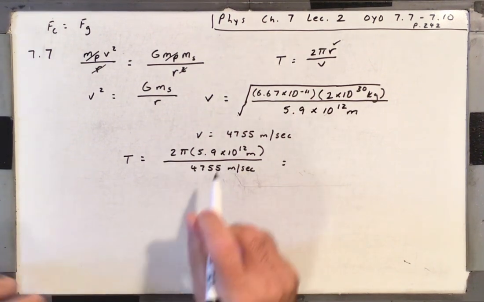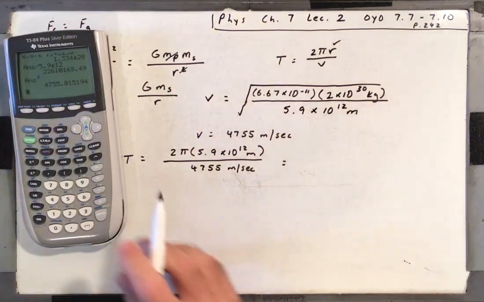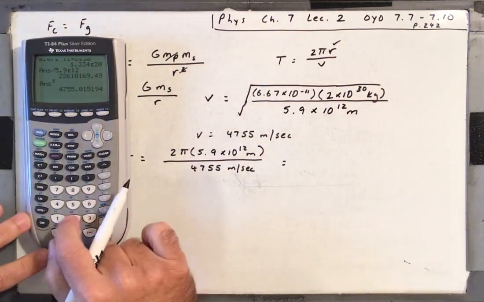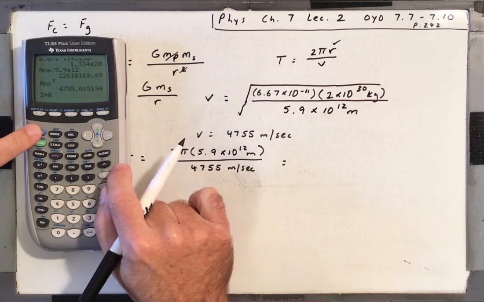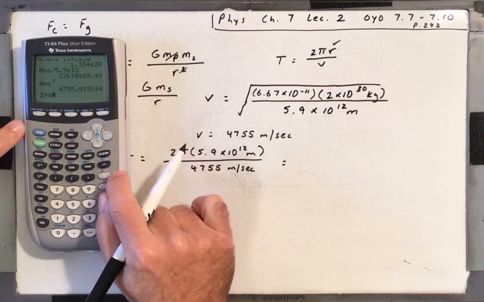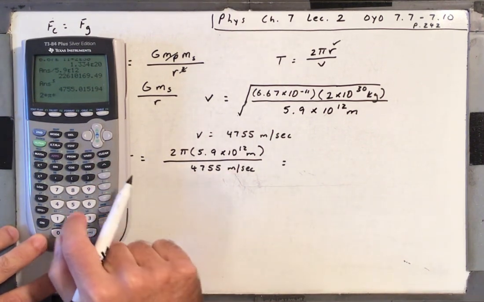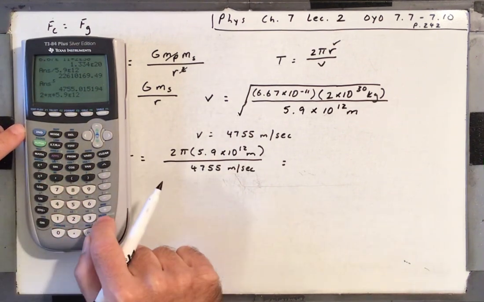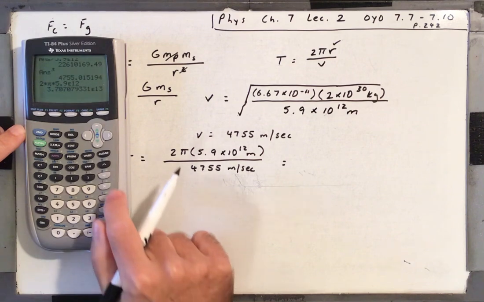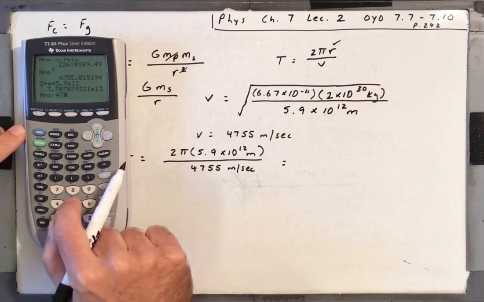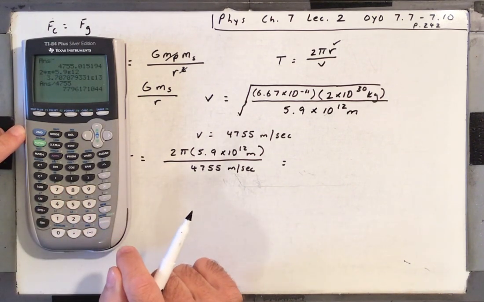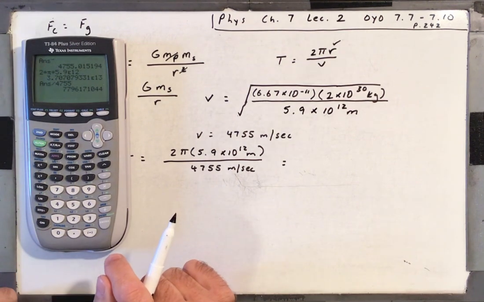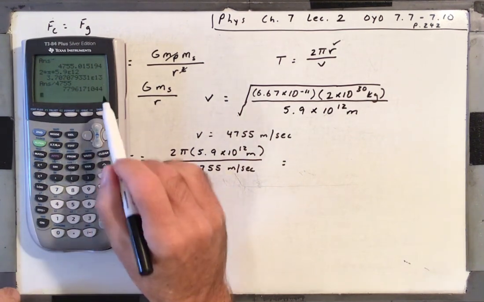All right, so let's go ahead and do that in our calculator. We won't do this every time, but we've got 2 times, the pi button is right here above the caret, times 5.9 times 10 to the 12th. All right, and then I'm going to divide that number by 4,755. Okay, and that's a big old number there.